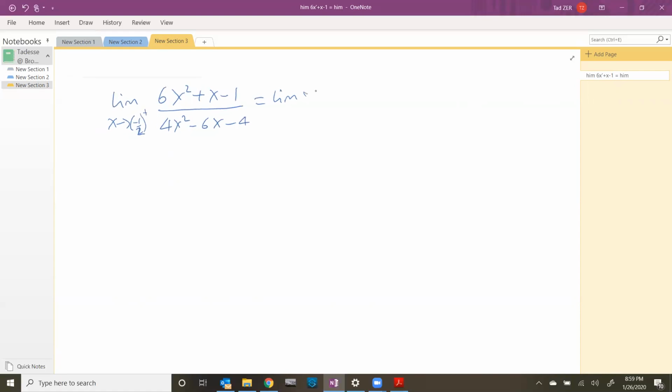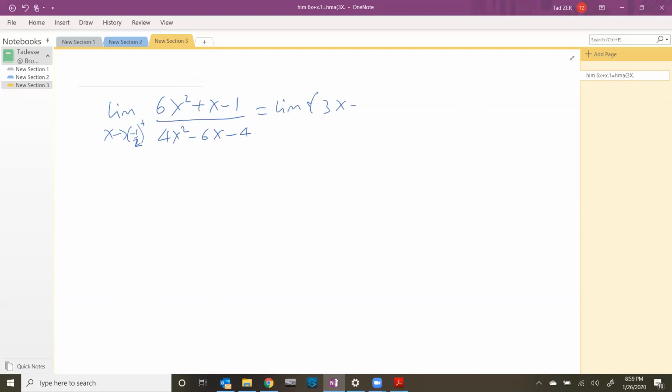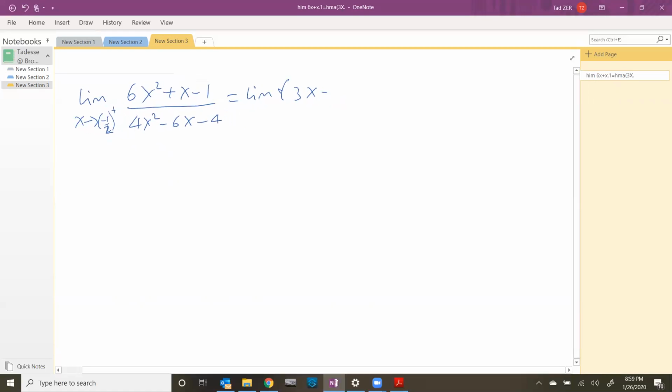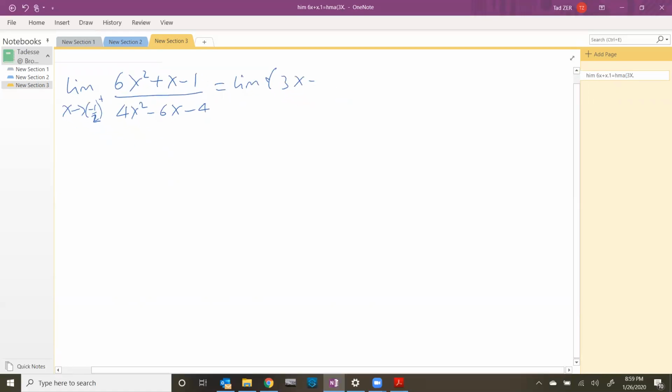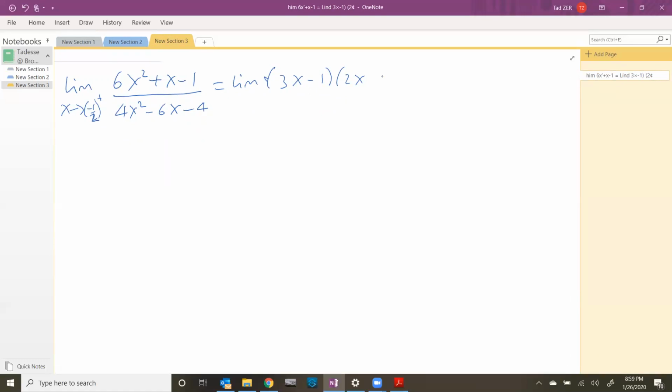It will be 3x minus 1 and 2x plus 1. Let's check if it is correct.